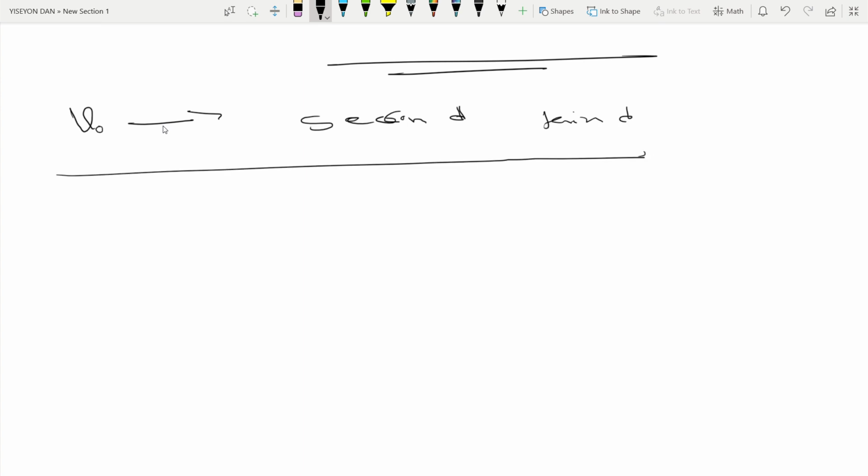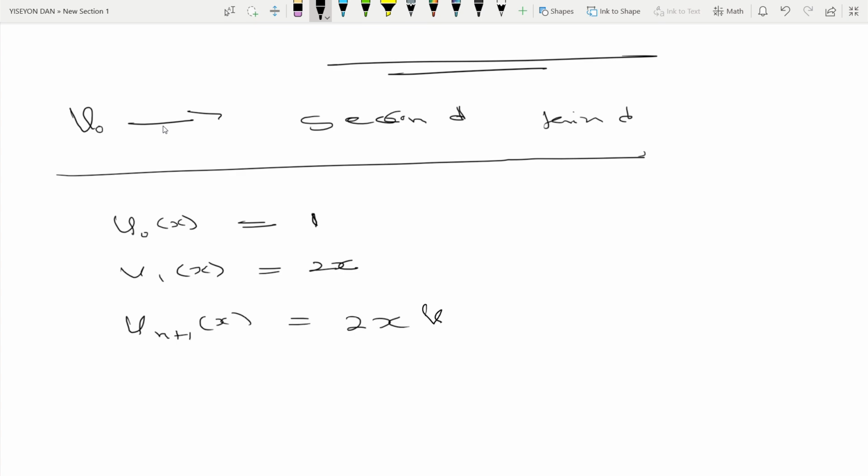So for this, U naught of x is equal to 1, U1 of x equals 2x. So it simply means that our Un of x is 2x Un minus 1 of x minus Un minus 2 of x.